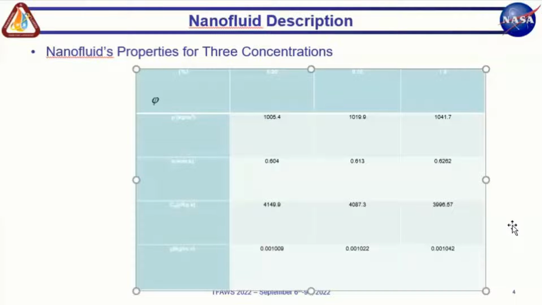So we have to work in this narrow range, and we have to have a compromise. We do want enhanced heat transfer, but we also want to avoid sedimentation and other issues of having too many solid particles suspended in the fluid.